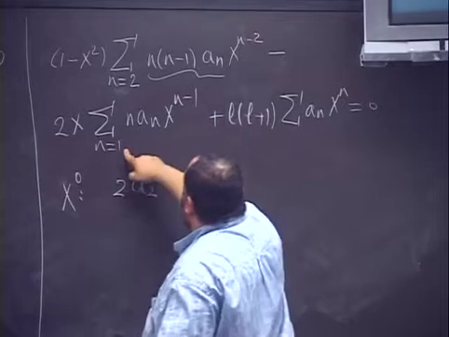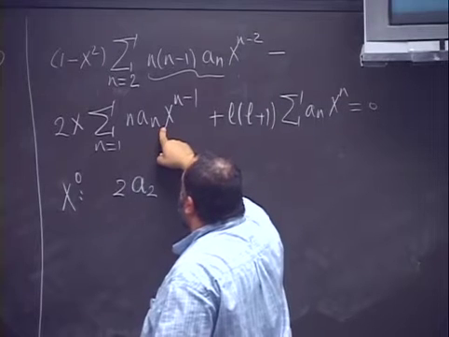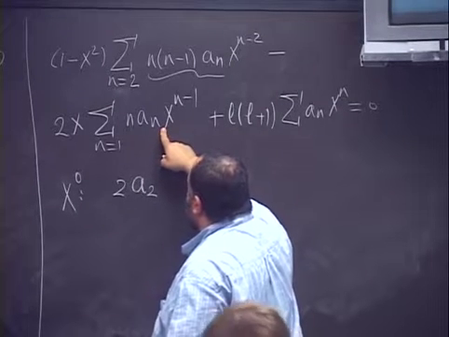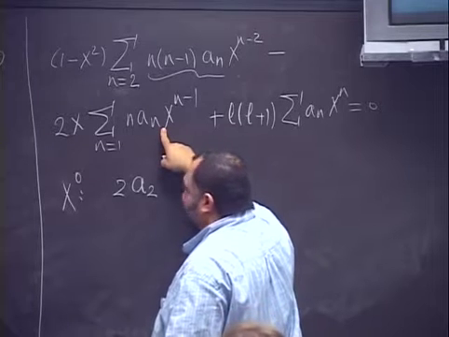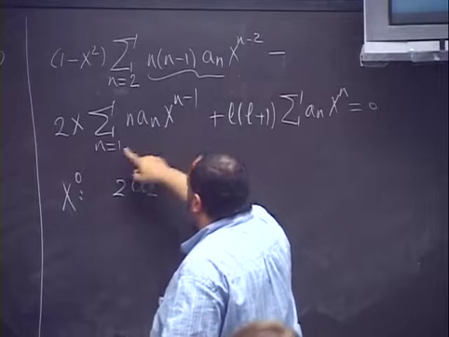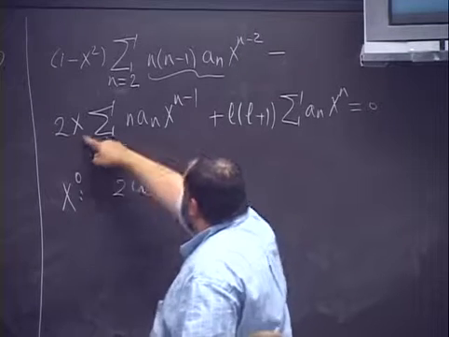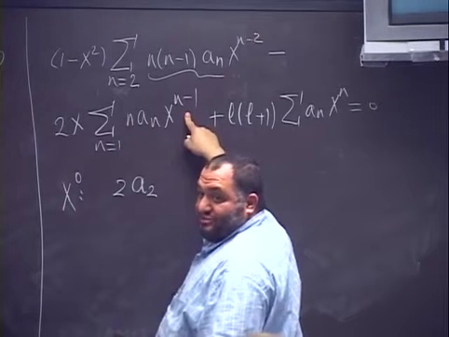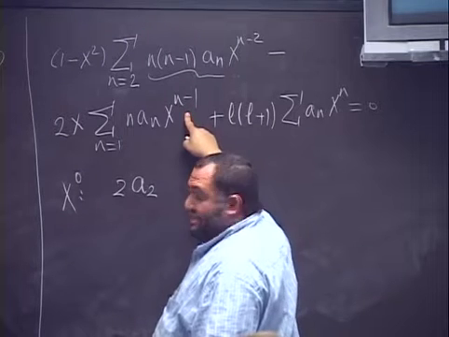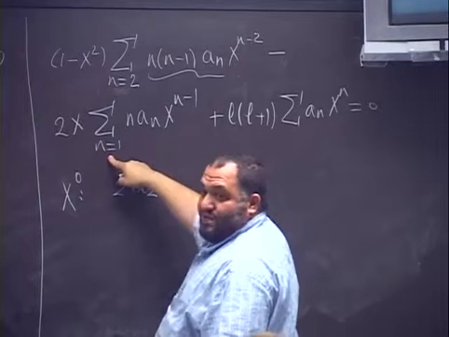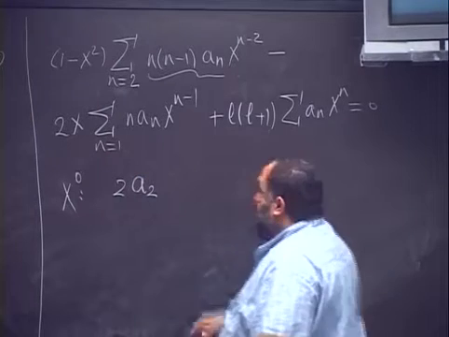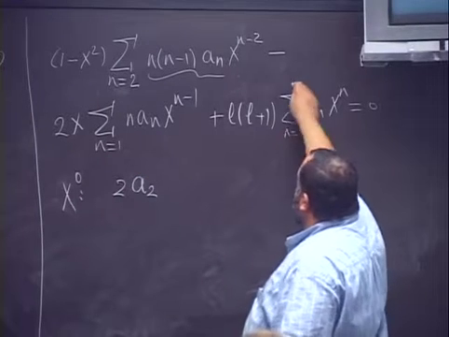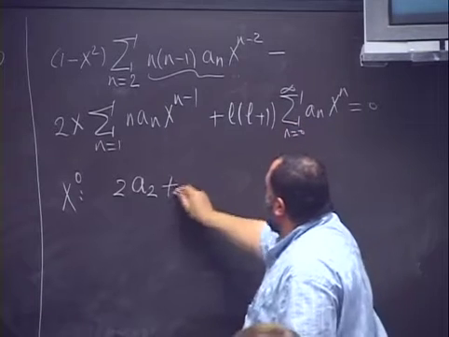Here, this is x multiplied by x to the power of n minus 1, which is x to the power of n, and n goes from 1, so you do not have any x^0.